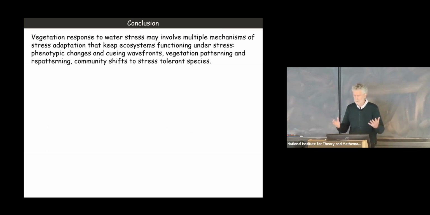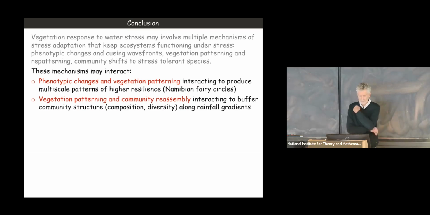Vegetation response to water stress may involve multiple mechanisms of stress adaptation. We discussed phenotypic changes, vegetation patterning and repatterning with transitions to longer wavelength patterns, and community shifts to stress-tolerant species. These mechanisms may interact.